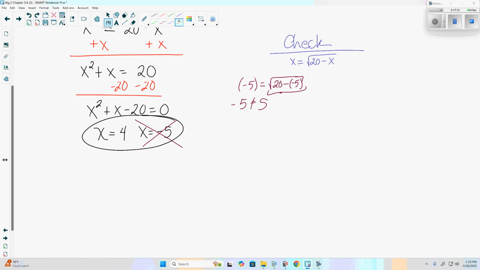We can do the same thing with 4. So we take our equation, and every place there's an x, we're going to plug in 4. Now the left-hand side is just the number 4. On the right-hand side, we can do the exact same thing we just did.